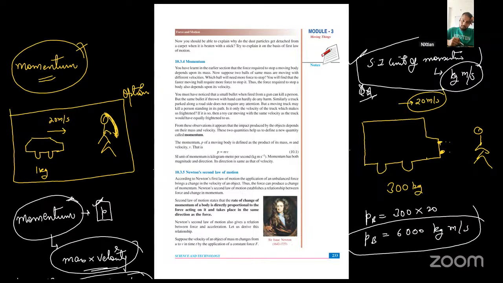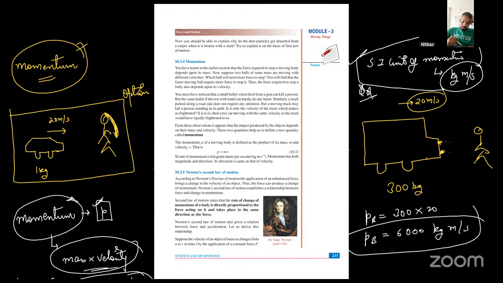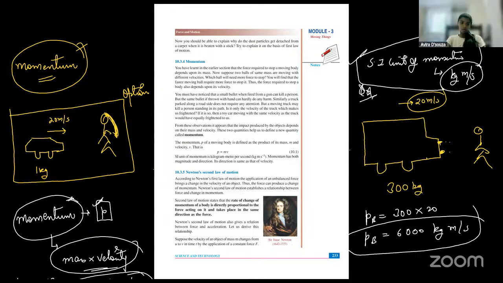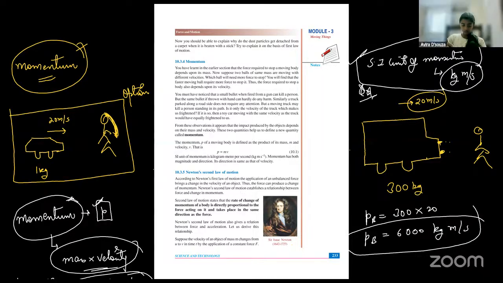Meow, meow, like that parrot. It's equal to 1 into 20. It's P of A, meaning option A. Like how I did it, 1 is the kg mass and 20 is the velocity. I just multiplied it and I got 20 kg meter per second.